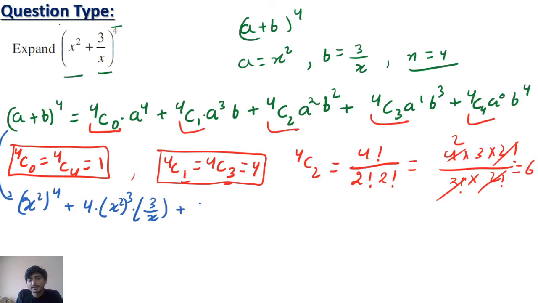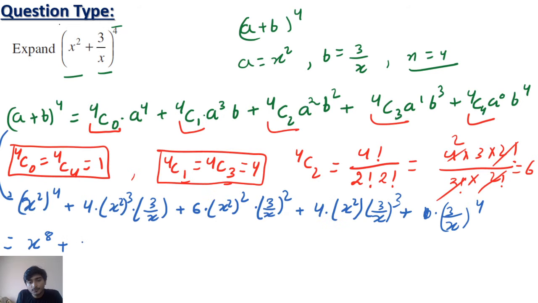So b is how much? I can remove this also. I can directly write 3 by x to the power 4, right? So like that, if I find the final value, what will it become? x to the power 8 plus 4 threes are 12 into x to the power 3 to the 6 minus 1, right? So x to the power 5 plus 6 into 3 threes are 9, right?